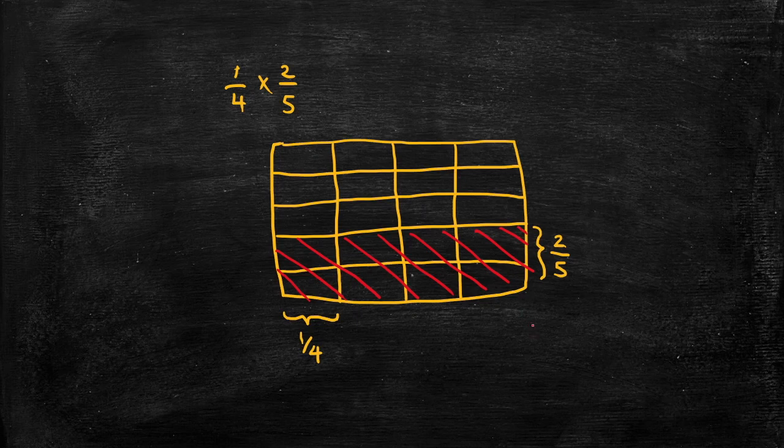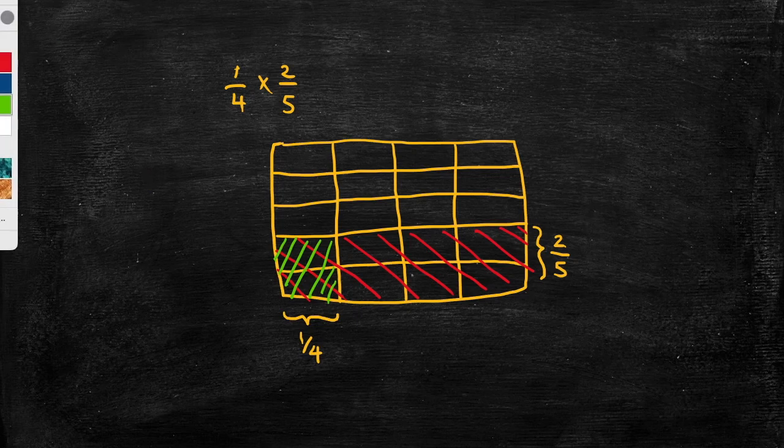So that's my 2/5, and then maybe let's pick green. I'll shade 1/4 of 2/5 in green. Okay, so what am I doing here?